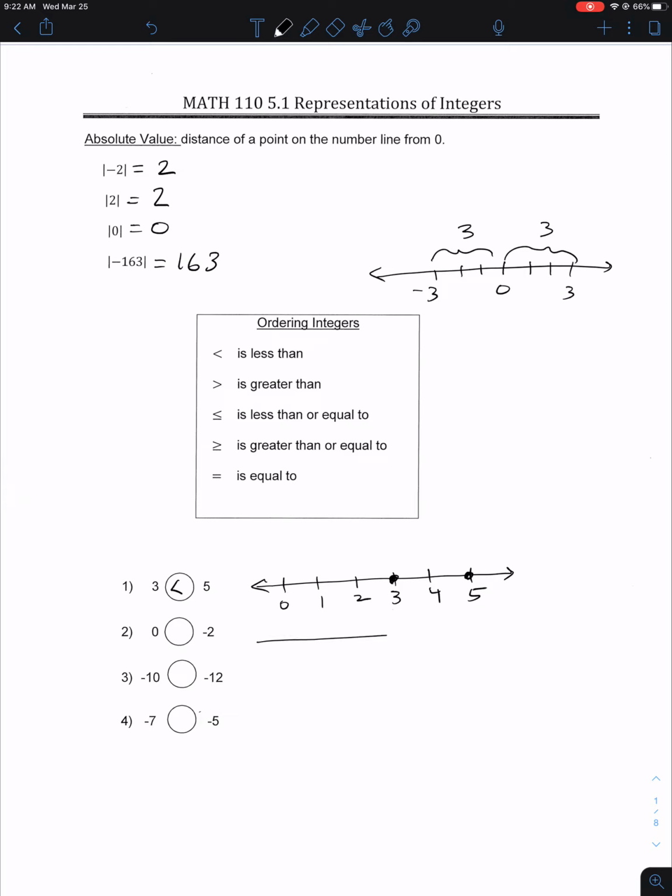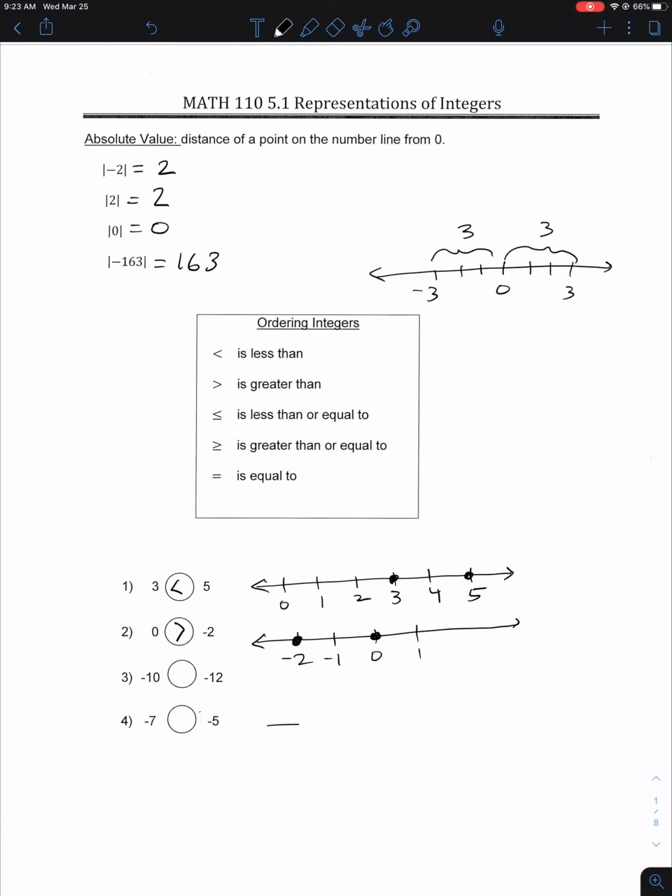For example, if we look at 0 and negative 2, we've got negative 2, negative 1, 0, 1. So our negative 2's there, our 0's there, and since 0 is to the right of negative 2, that means 0 is greater than negative 2.